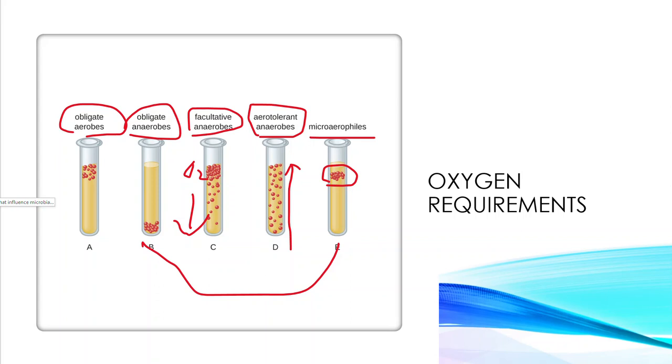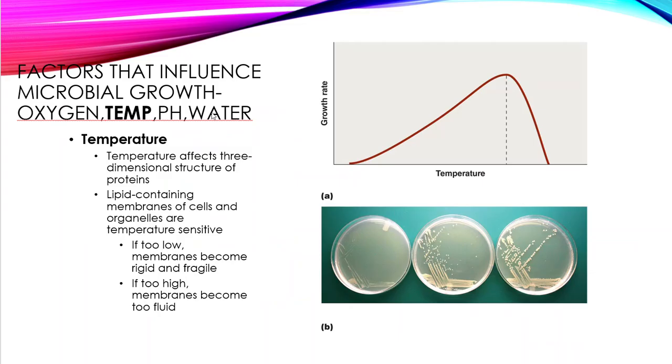It'll just be more than their small stock of enzymes can handle. Okay, temperature. We've already talked about this earlier, that there's a growth curve. So there is an ideal temperature for all these bacteria. You guys remember in the lab, I think it was the ubiquitous microbes.